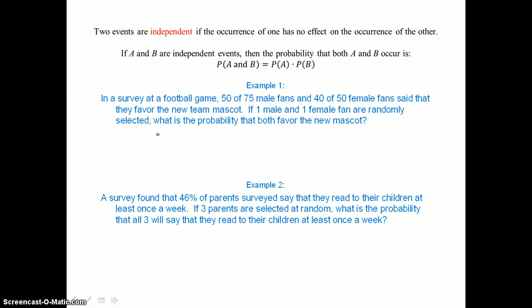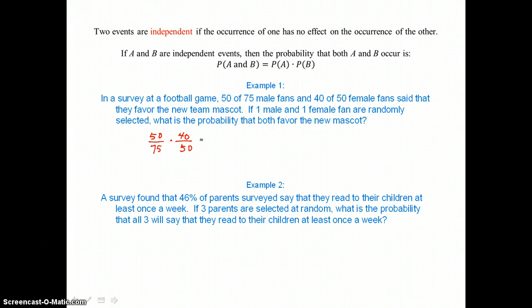Well, the probability that the male selected favors the new mascot is 50 of 75, so 50 over 75. And so we're going to multiply, and the probability that the female selected favors the new mascot is 40 of 50. So the successes there are 40 and the possibilities are 50.